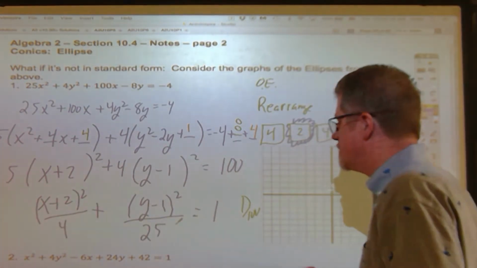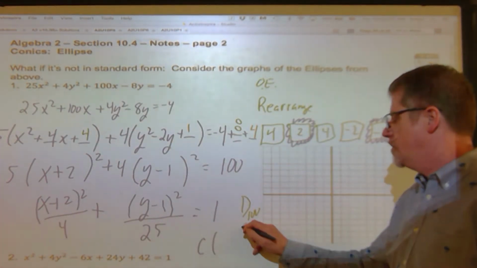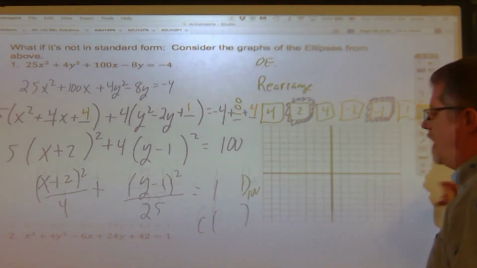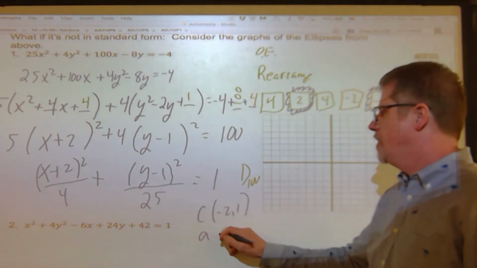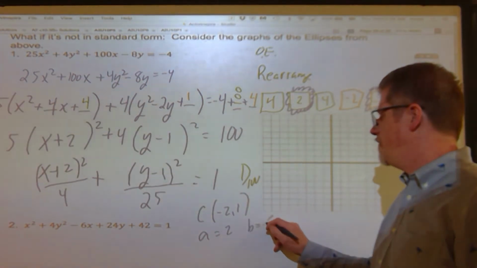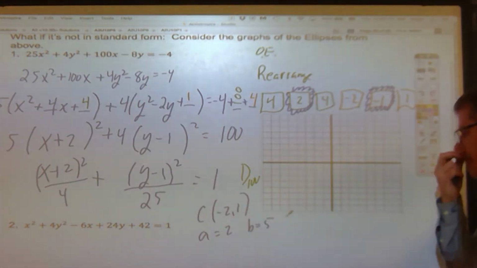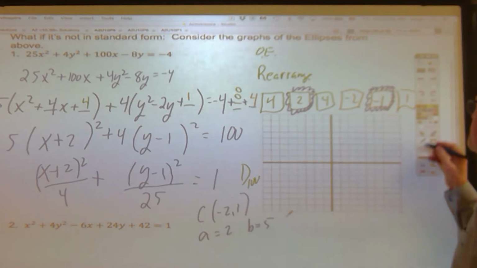So now we're in a position where we can sketch the ellipse based on the center, A and B. It's clear now that the center is at negative 2 comma 1, an A value of 2 and a B value of 5. Go ahead and sketch the graph of the ellipse.